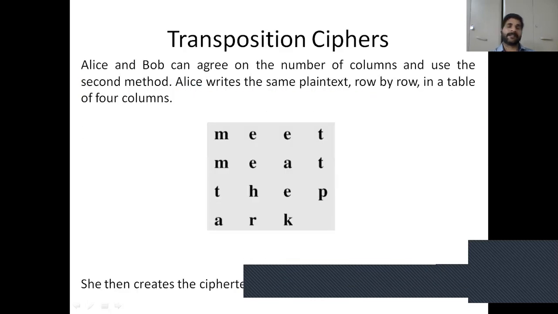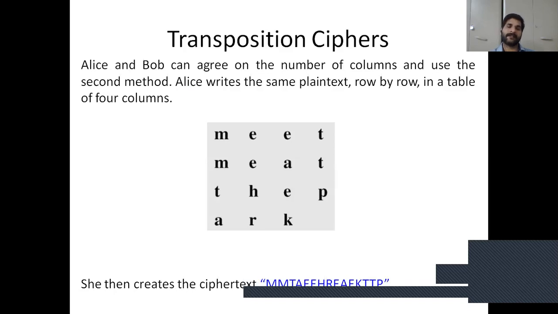Now, using the transposition cipher, we can also use a transposition table. Alice and Bob can agree on the number of columns and use the second method. Alice writes the same plaintext row by row in a table of 4 columns.